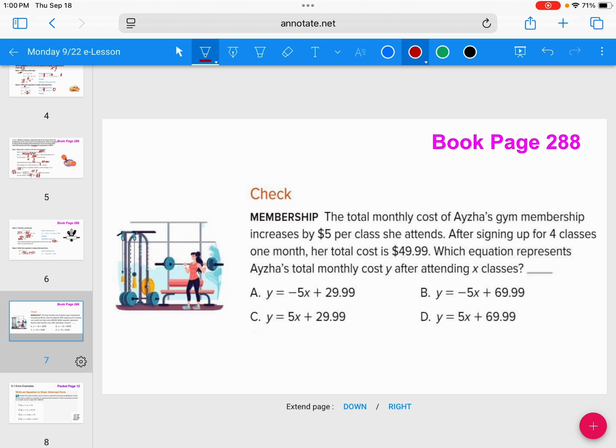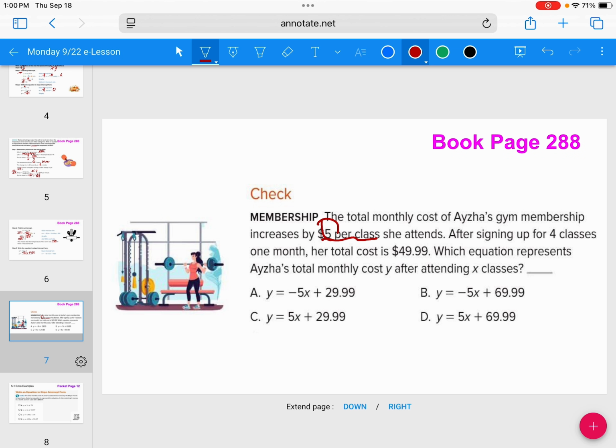The total monthly cost of Asia's gym membership increases by $5 per class she attends. So this is definitely telling me I'm going to have a variable right here, $5 per class. That's going to be multiplied. This is going to be my coefficient, and per class is telling me that I'm going to have a variable there, probably x. After signing up for 4 classes 1 month, her total cost is $49.99.